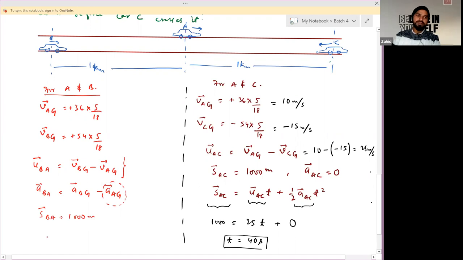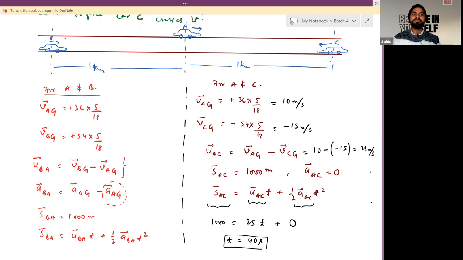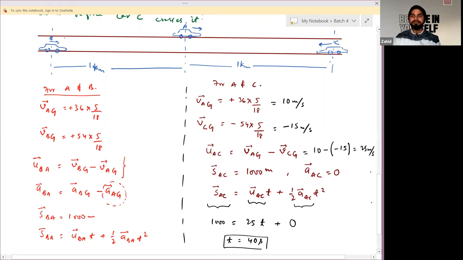So put all the values in second equation of motion, S equals ut plus half at square, and put the value of time to be 40 seconds, you will get acceleration of car B with respect to ground. Is it clear? Yes. Try to solve.